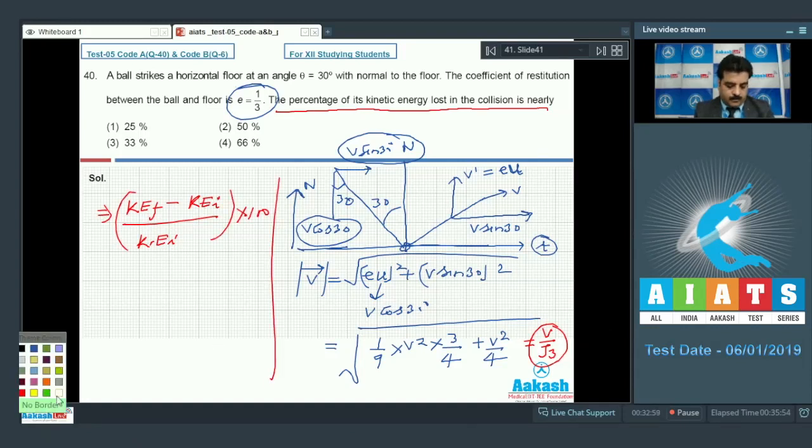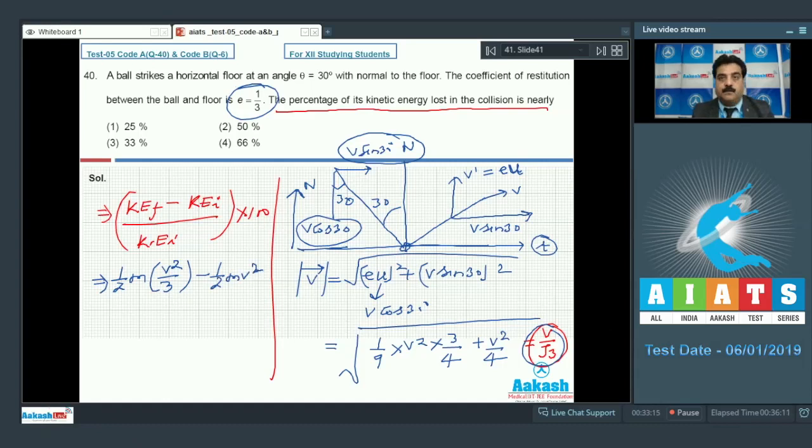That is what I am trying to solve. Final kinetic energy is half m times the final speed v by root 3 squared, so v square by 3. Initial kinetic energy is half mv square, where the speed is v, divided by half mv square, whole multiplied by 100.